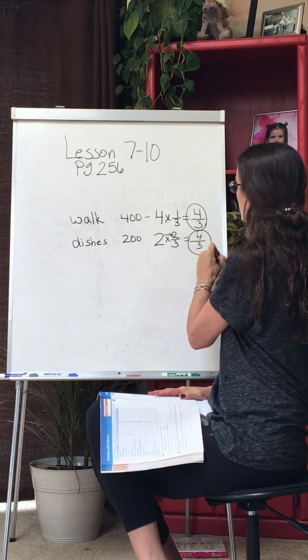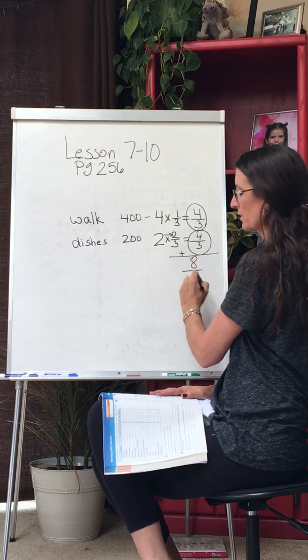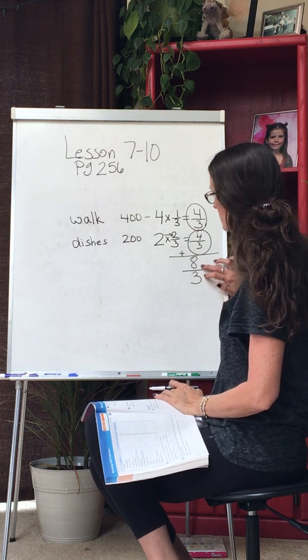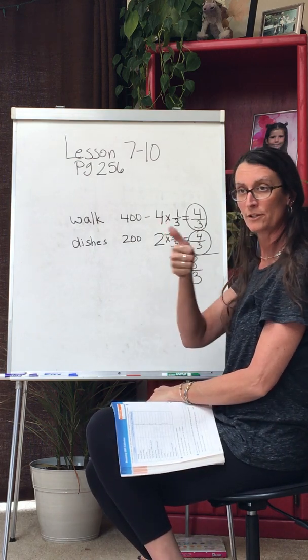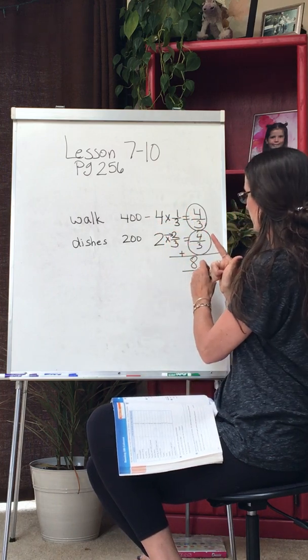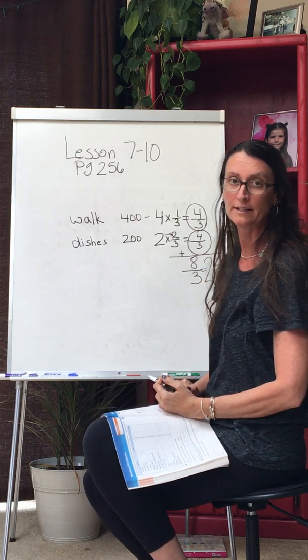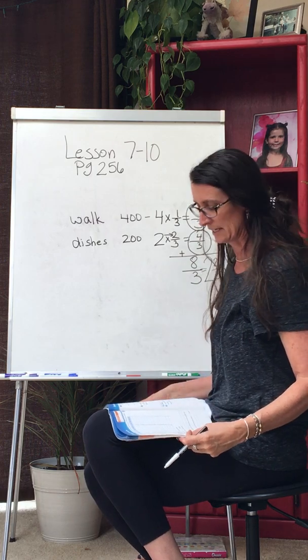So I can add those together and I will have 8/3. Okay, and then knowing what you know about reducing fractions, you know you have more than one whole. 3/3 and 3/3 is 6/3, so you have 2 wholes and then 2/3 left, right? And then you could explain how you know that.